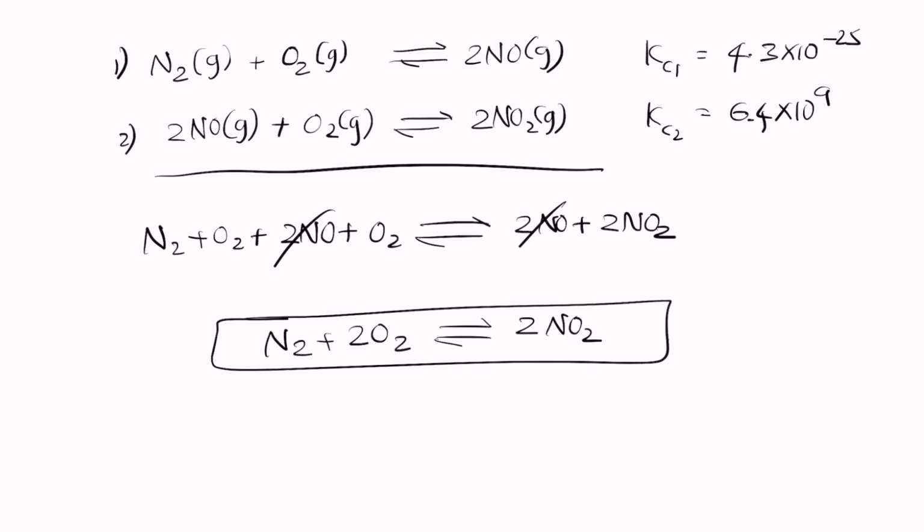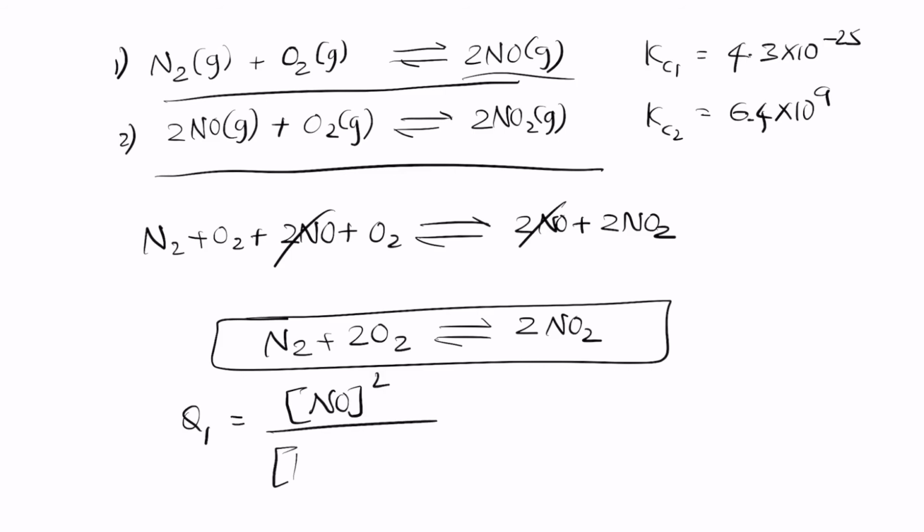First, let's find Qc1, which is the reaction quotient for the first reaction. So let's find Q1 first. So Q1, again, the first reaction only, becomes NO2 square over the concentration of N2 times the concentration of O2.